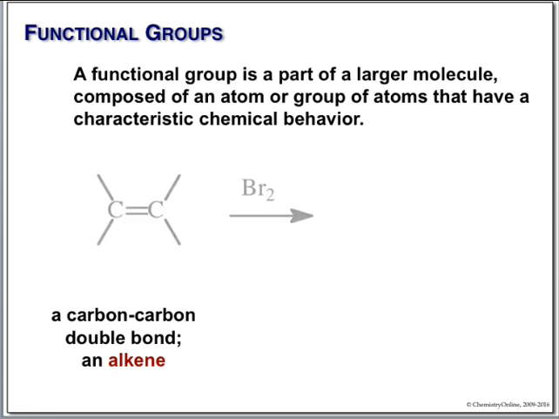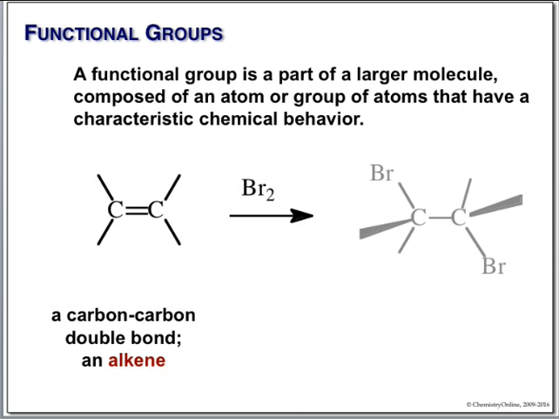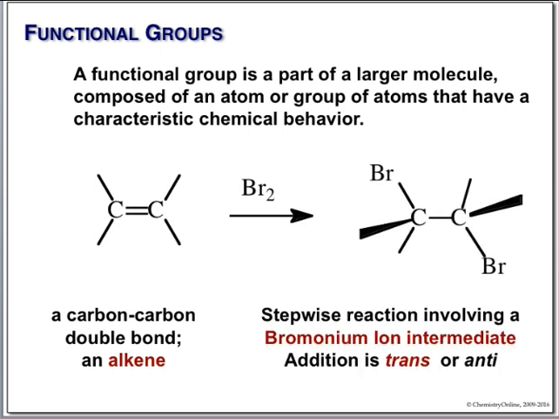As an example, if we have an alkene and we add bromine, Br2, we will always wind up with a 1,2 dibromide, that means they're next to each other, and the bromines will always be on opposite sides.